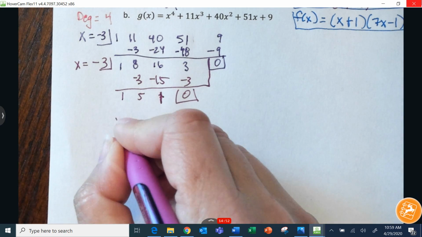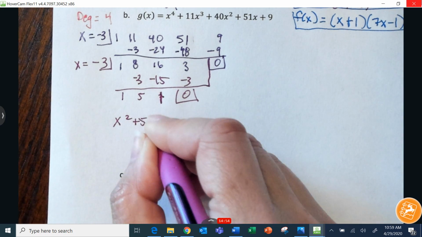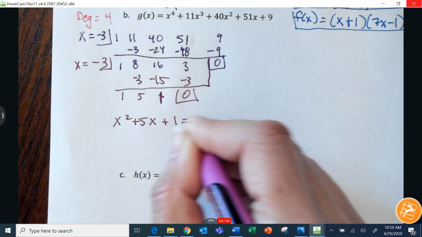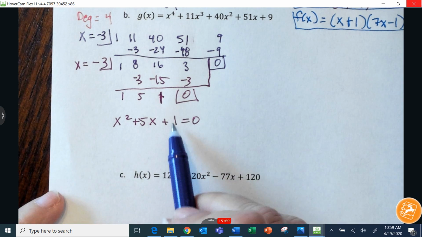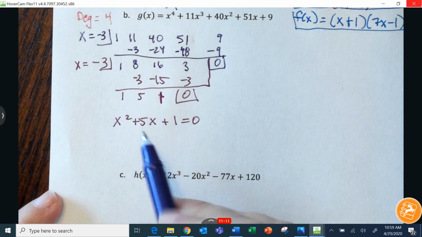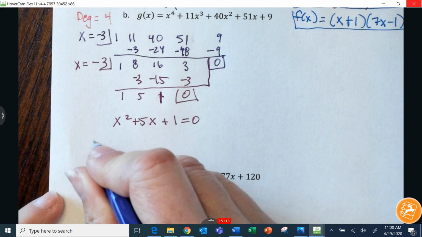Now, once we get down to a quadratic, then I expect that you factor or use the quadratic formula or complete the square if you would like to solve this. I'm looking at it right now and it does not look factorable because of the 1. There's no way I'm going to get a 5. So I'm going to use the quadratic formula.